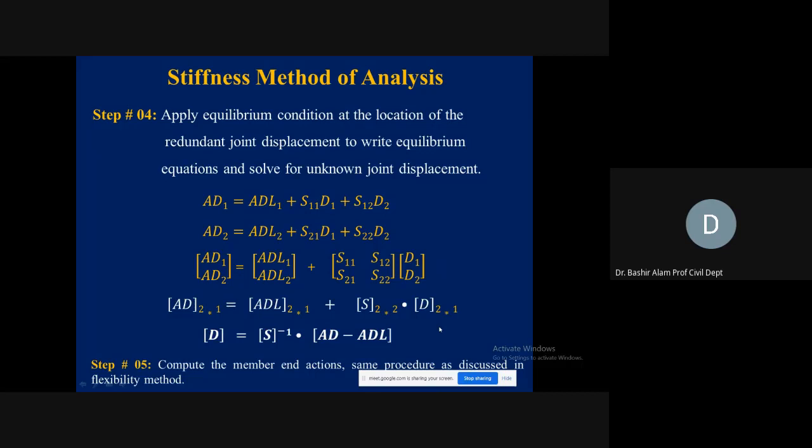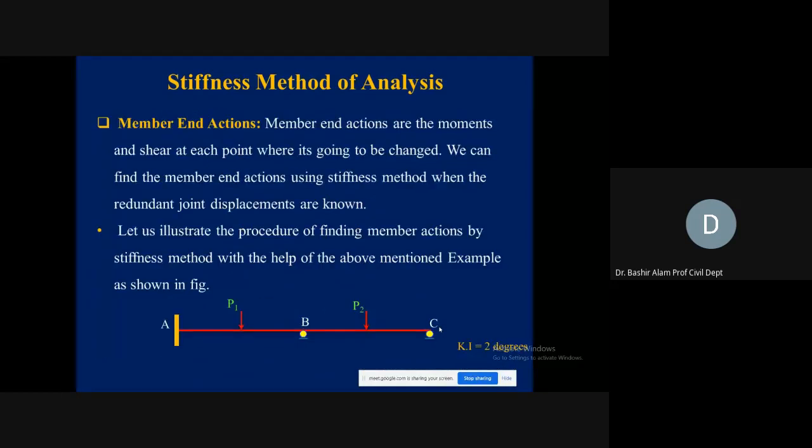Once the displacements are found, we come to step number 5, which is the computation of the member end actions. How are we going to find the member end actions? Again, you have each piece of information, and we need to put all this information in order.